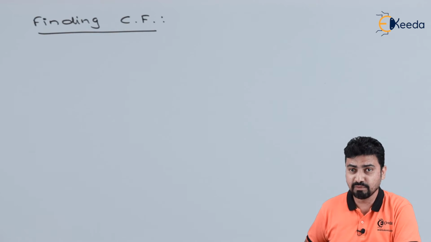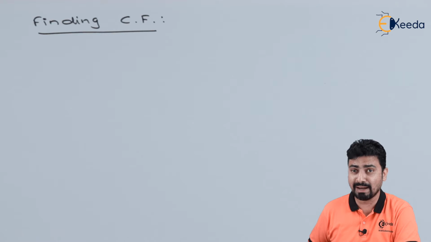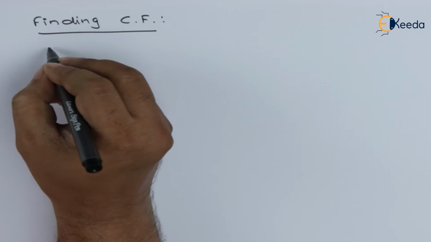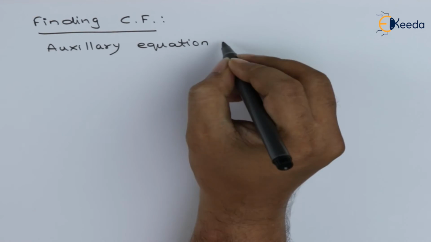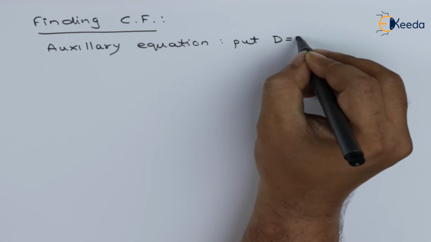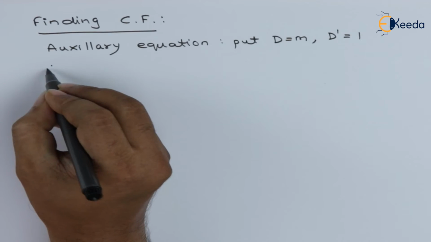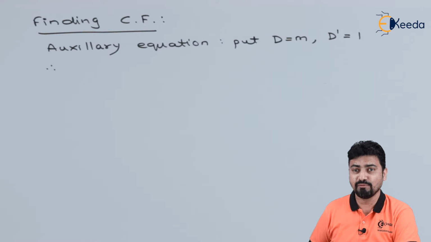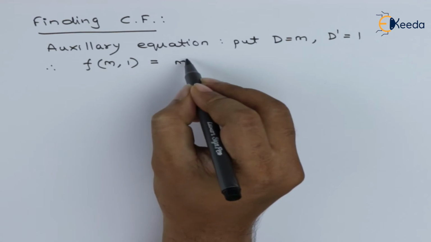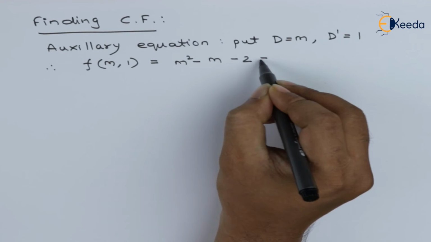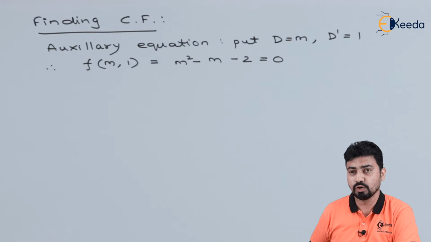For finding CF, first we find the auxiliary equation by substituting d is equal to m and d dash is equal to 1. Therefore, we get f of m comma 1 and we equate it to 0. On solving this equation, we get the roots of m.